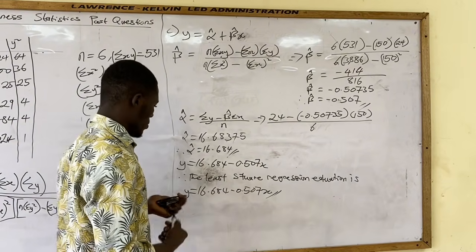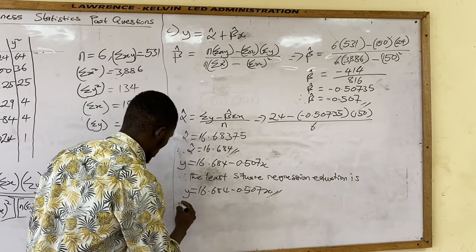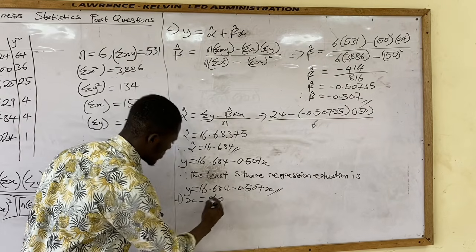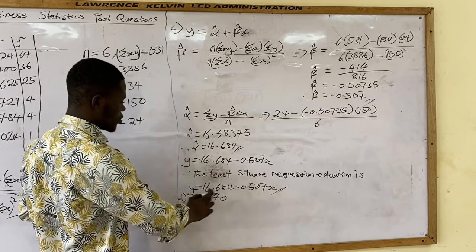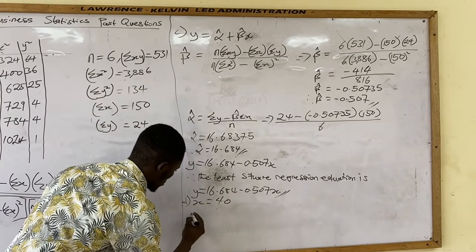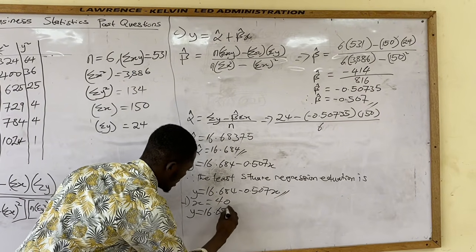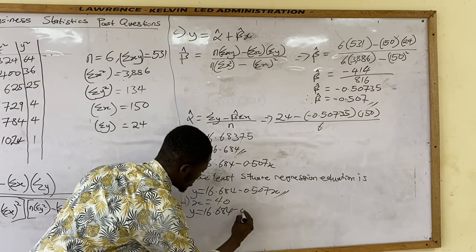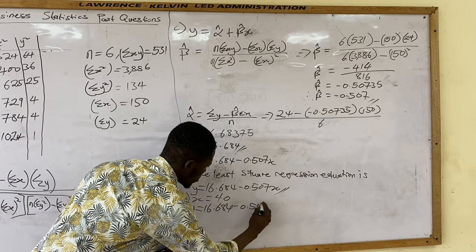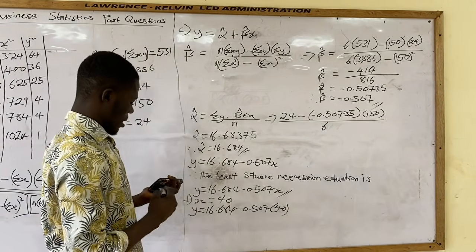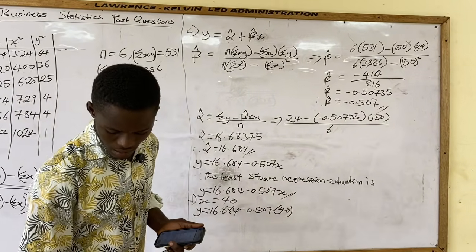So x equals 40. Let's insert it and see what we will get. So y equals 16.684 minus 0.507 multiplied by 40.